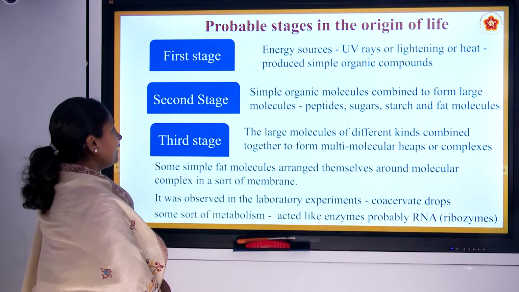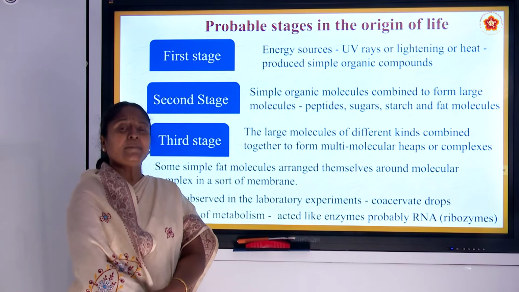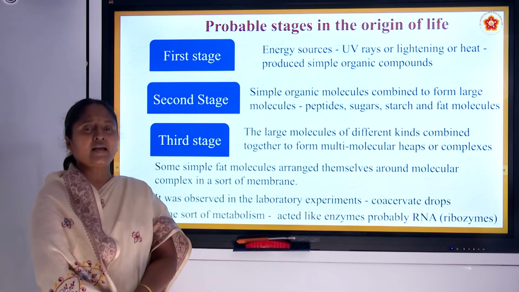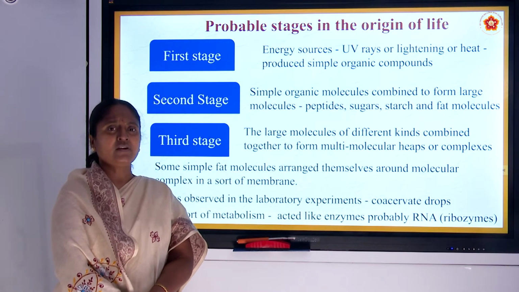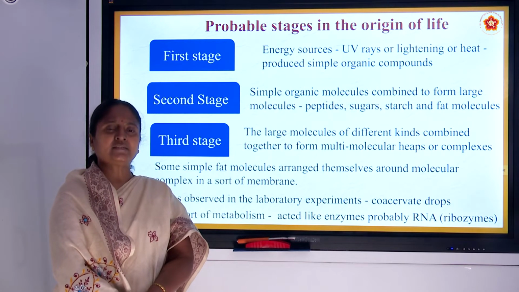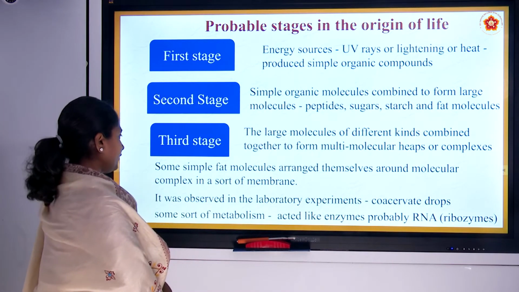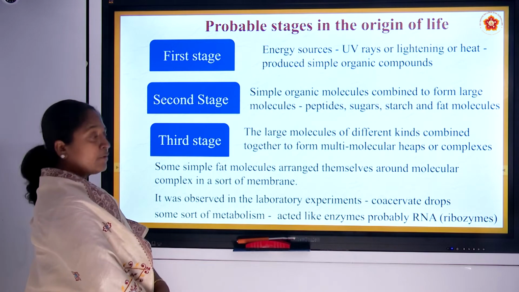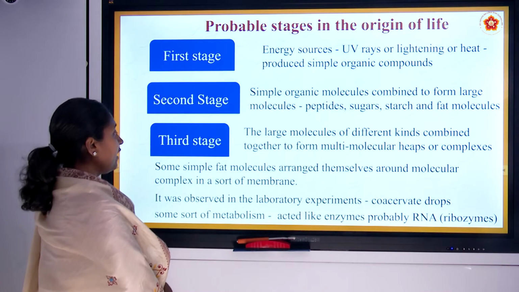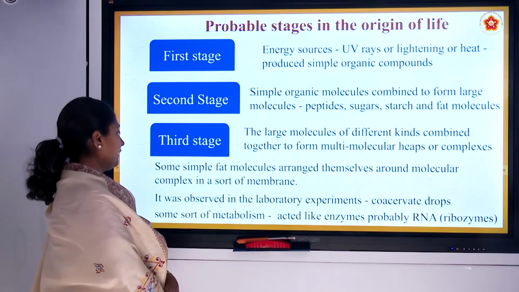And these simple fat molecules arrange themselves around a membranous structure. It was not a living organism, but you can imagine a soap bubble-like structure with something trapped inside, right. This kind of structure started originating, similar to the membrane-bound organelles we have now, and the structure started forming by itself.